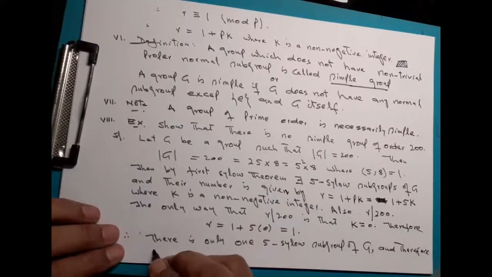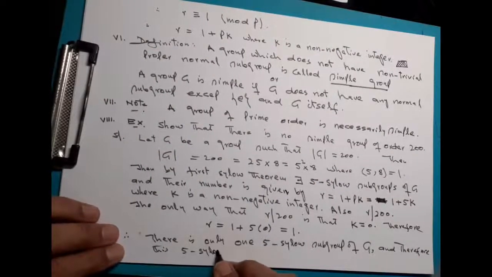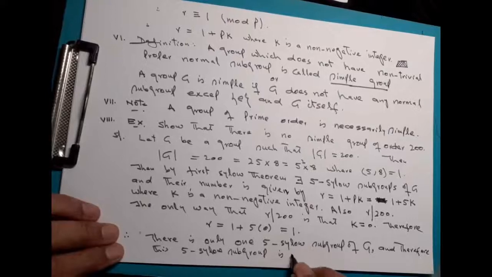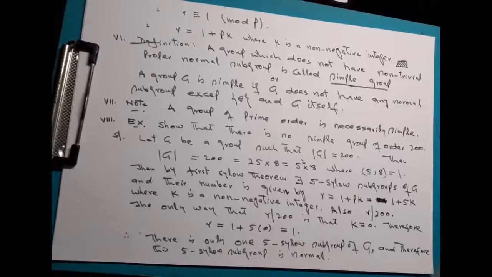So this 5-Sylow subgroup is normal. Therefore, G has a normal subgroup. Therefore, G is not simple.